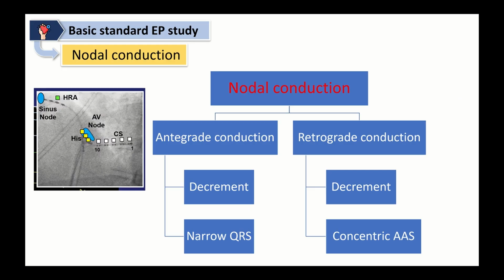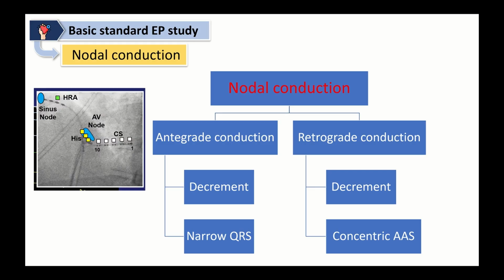First golden rule today we have is nodal conduction. How do we know if it is nodal conduction or not? In nodal conduction we will find antegrade conduction. Number one is decremental: the more atrial pacing, the longer the AH or AV. Number two, it's a narrow complex, no evidence of pre-excitation, no evidence of delta wave.